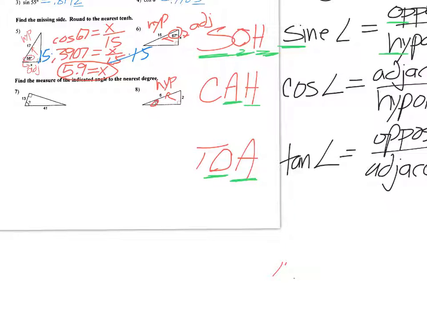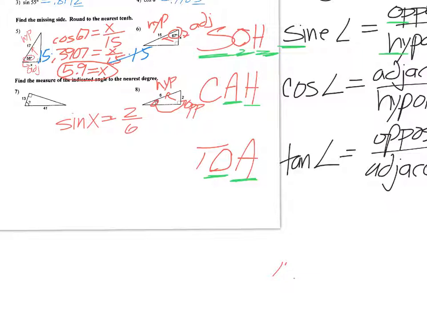And then from this angle, this is the opposite side. Okay, so it's not next to the angle, it's on the opposite side. So OH, so if I come back up here, OH is sine. So this time I'm writing sine of x is opposite over hypotenuse.